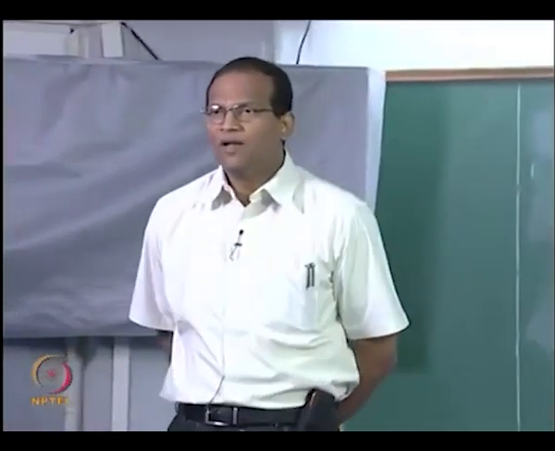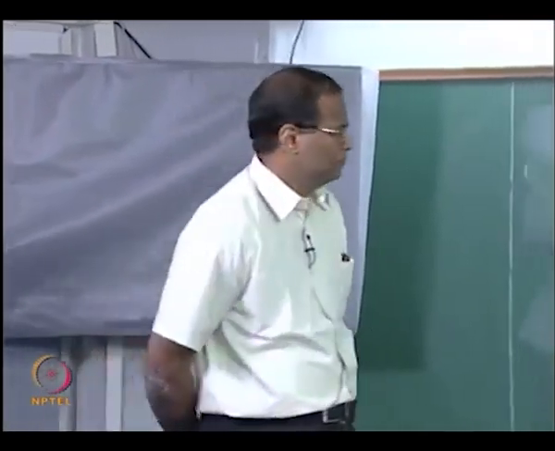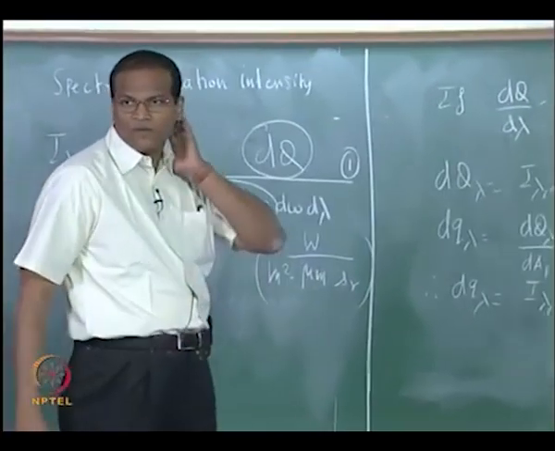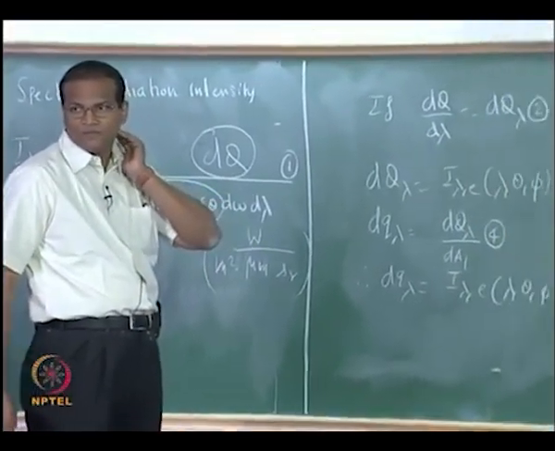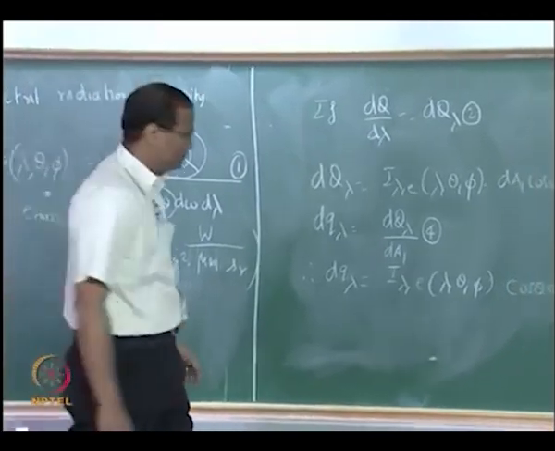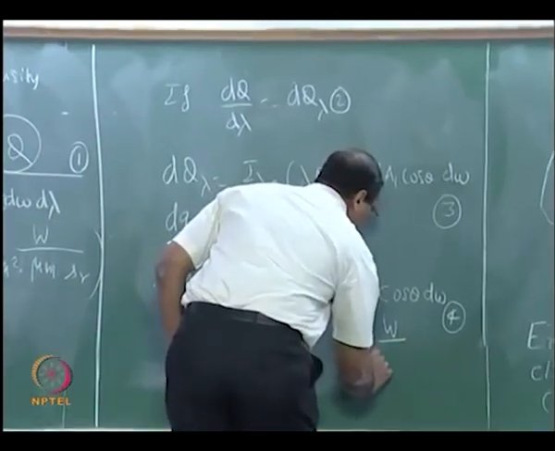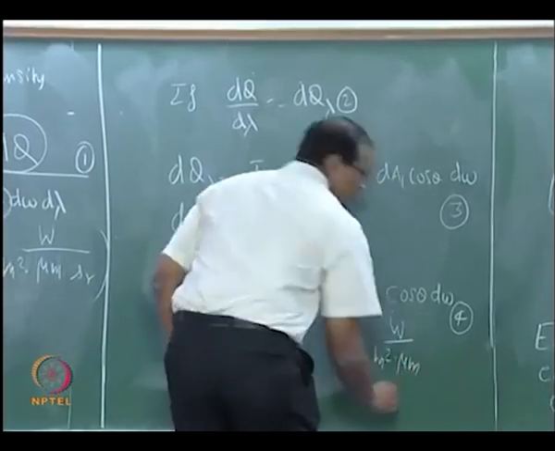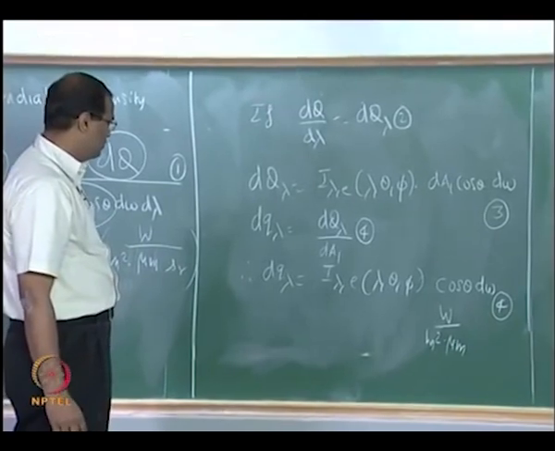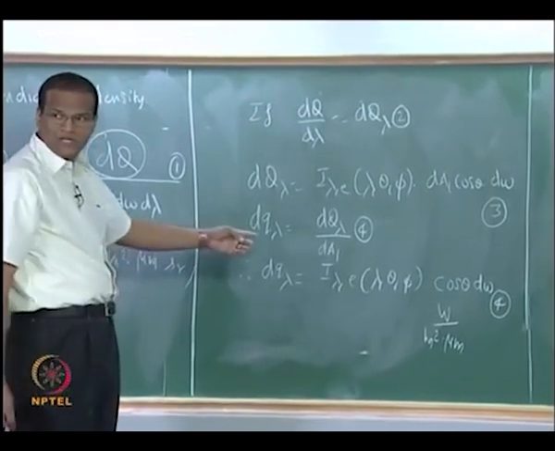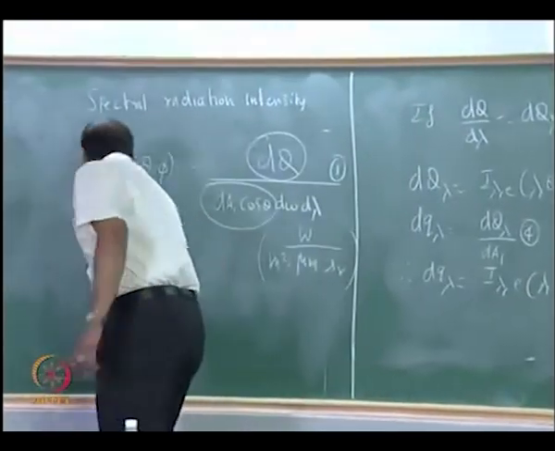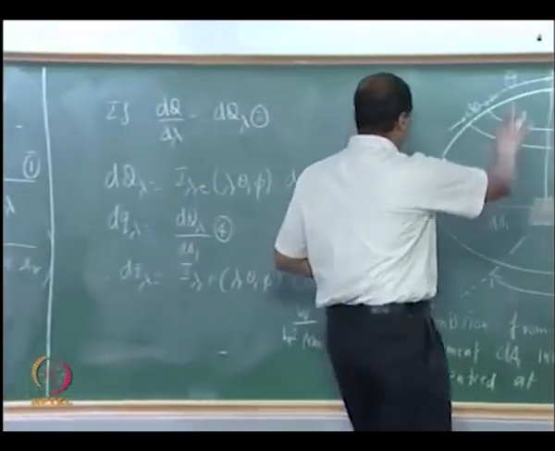So now what are the units of dq lambda? What per meter square per micrometer? Is it correct? It's correct. Okay. I'll erase this.